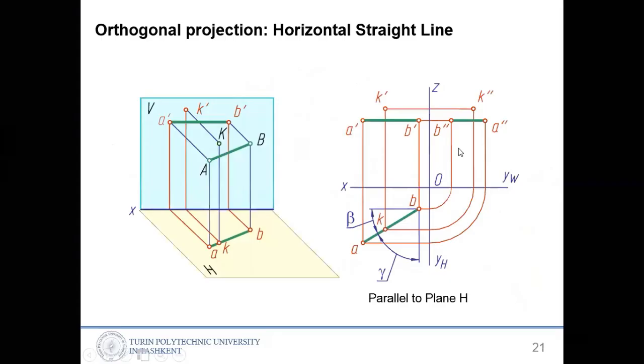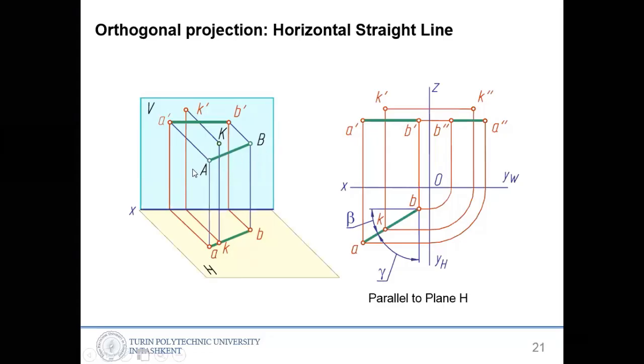So a horizontal straight line and a point are given. The line AB is given, and point K is given. Capital letters, you see. Here you can see the projection of it.